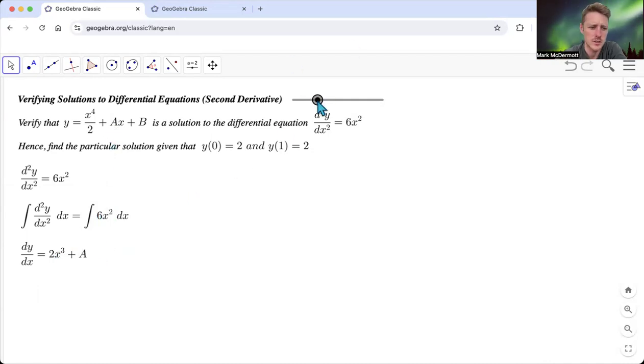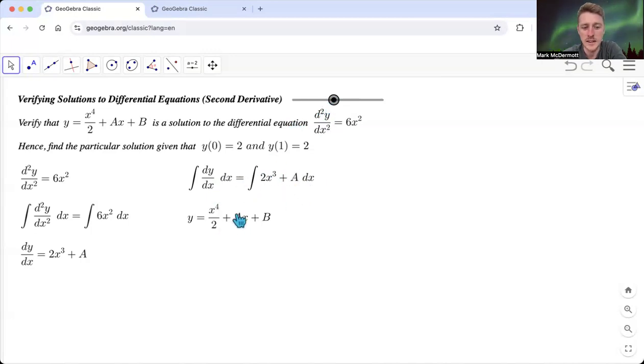The next thing we're going to do is take the integral again. So we're taking the integral of dy dx, and we're going to take the integral of this. We're just taking the integral a second time. Applying our power rule for integration, we get x to the 4 on 2 plus Ax. When you integrate a constant, you get an x multiplied there.